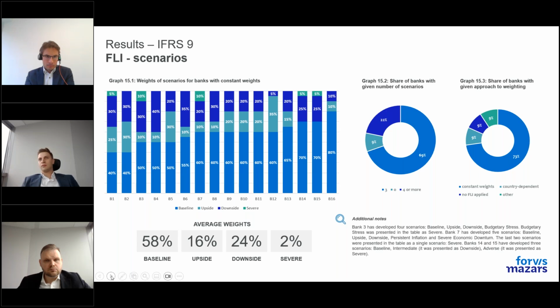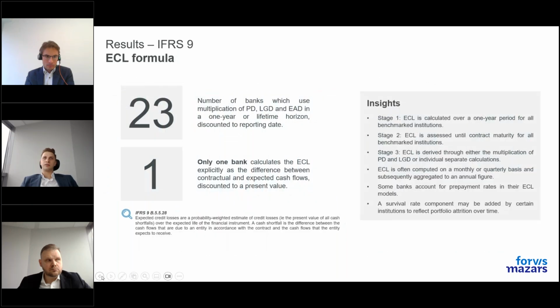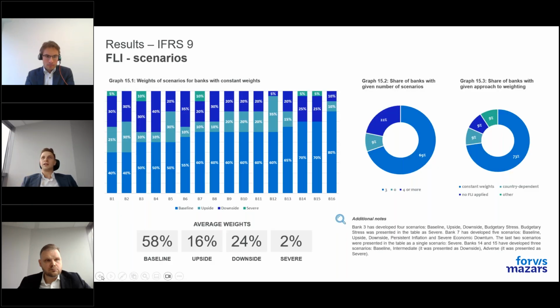And moving right, we can see the share of banks with given approach to weighting. So 73% of banks used constant weights. So these are banks presented on the left-hand side, and other banks, for them, the weights can be country dependent.